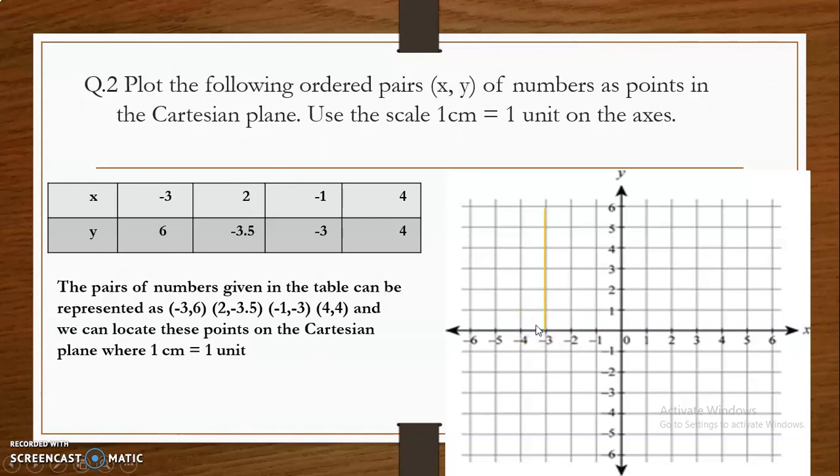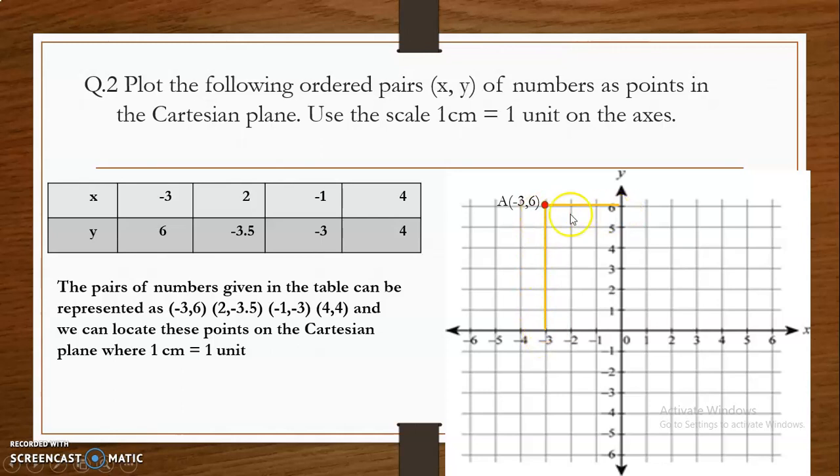How much distance away from the x-axis will be told by the second number, that is 6. So this is 6 units above, in the positive direction, from the x-axis. Here we get a point and we can mark it as A (-3, 6).